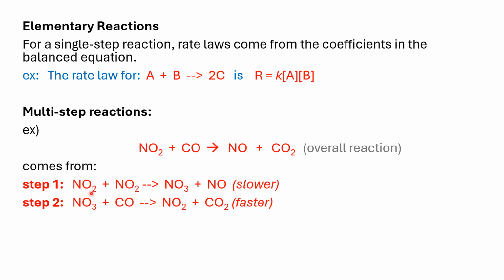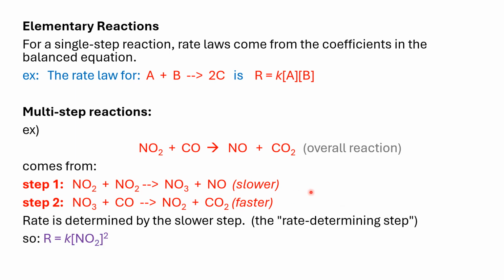Each of these we could write the rate law for, and we'll do that in a minute. So the rate is going to be determined by the slower step. So the slower step is what we want to affect if we want to speed up the reaction or slow it down. In this case, the slower step involves only 2 molecules of NO2.